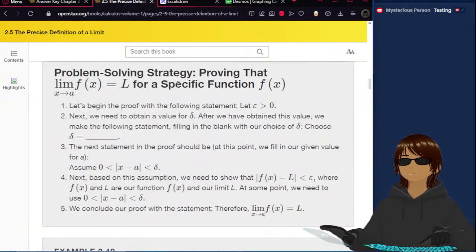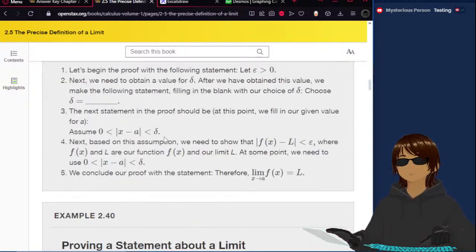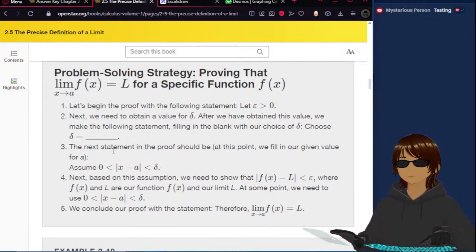Okay, proving that the limit of f of x is equal to L for a specific function. A proof begins with the following statement: let epsilon be more than 0. Next, we need to obtain a value for delta. After we have obtained this value, we need to make the following statement, filling in the blank with our choice of delta. So choose delta, assume this.